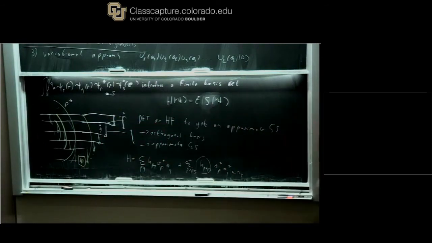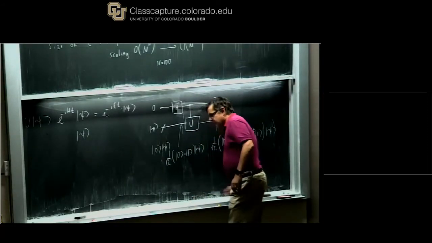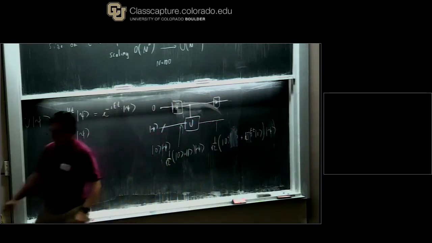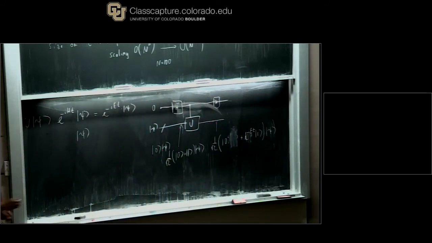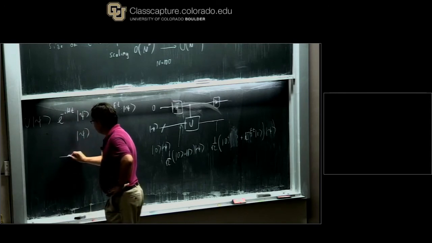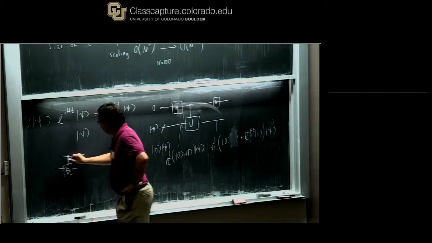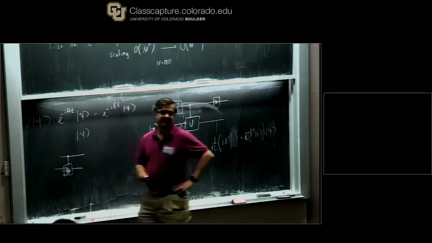And so let's think about how do I do a controlled rotation. So assuming I have a rotation gate, how do I do a controlled rotation? I have an ancilla. I want to do a rotation here by an angle theta, but only if the ancilla here is set to 1.